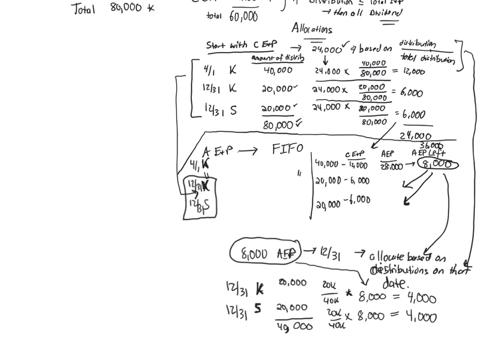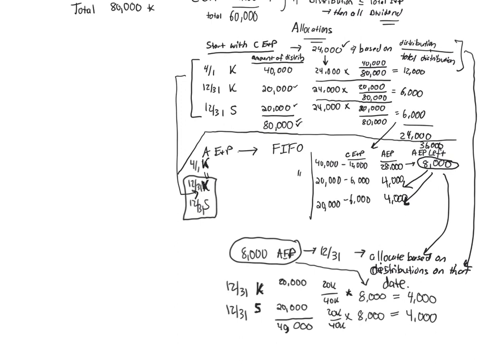They each get $4,000 of that allocated to them. So it goes here and here.